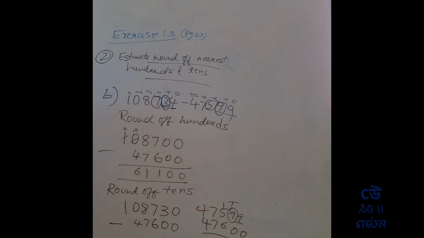Understood, children? How did you get 47600? Okay. Now if you subtract this number, you will get 03116. Okay. This is the answer you will get.